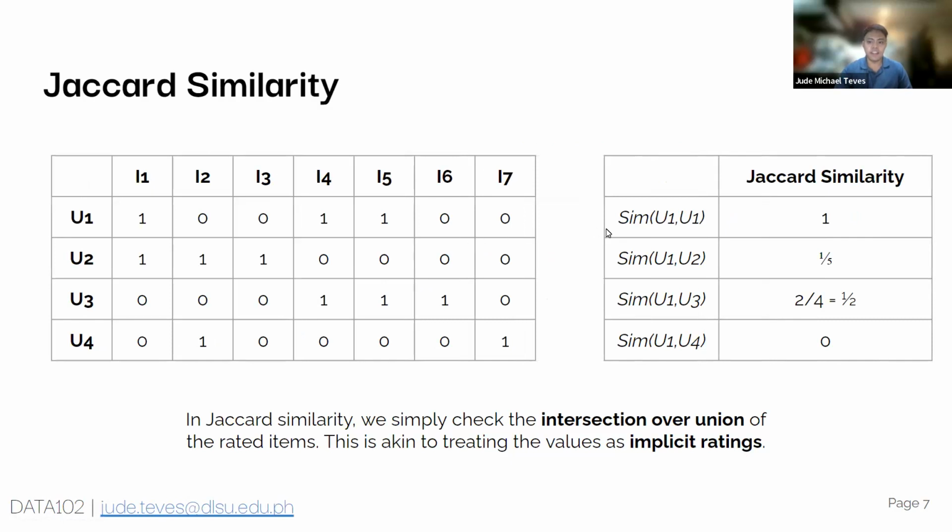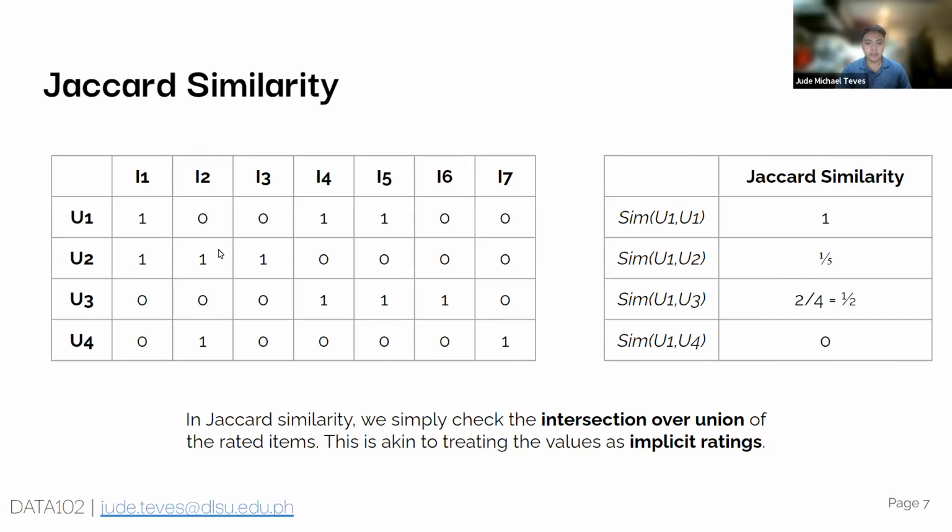The Jaccard similarity for U1 will be 1, of course, because you're computing the similarity of that vector against itself. But for U1 and U2, it will be 1 over 5, because if you look here, the only intersection is this one, the 1, 1, and the rest are not.